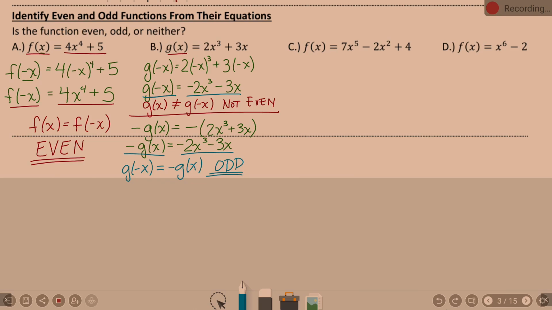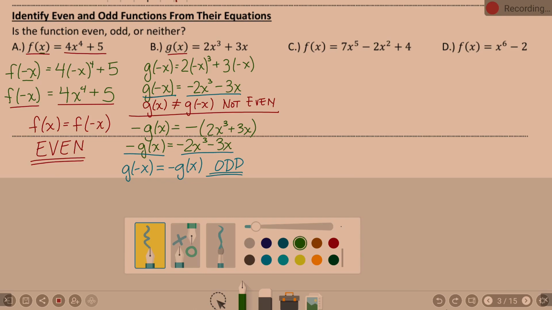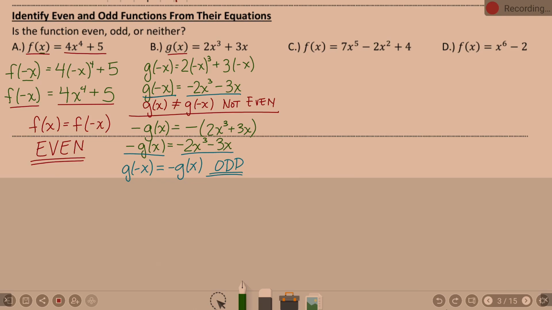Ready to try C? No? Yes? f of x is given as 7x to the fifth minus 2x squared plus 4.